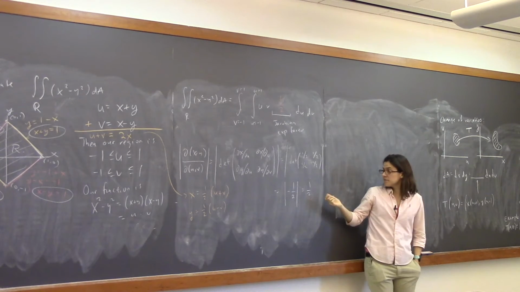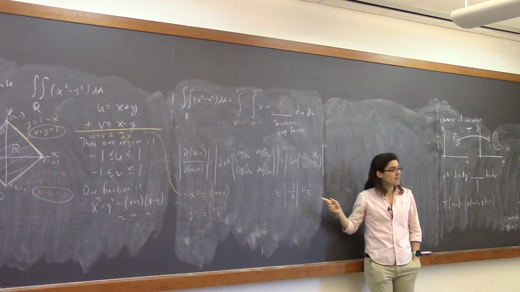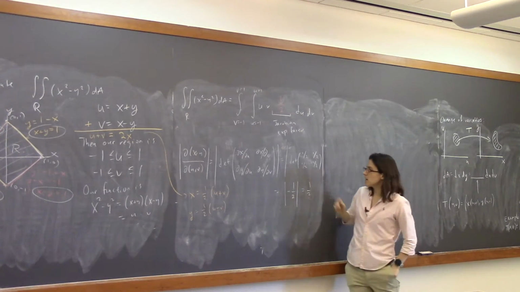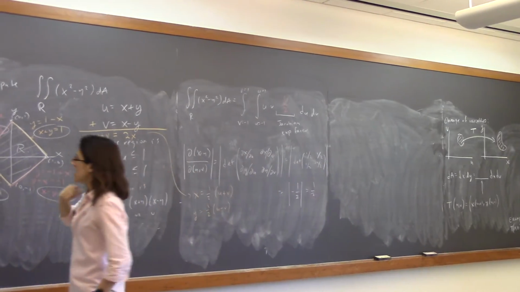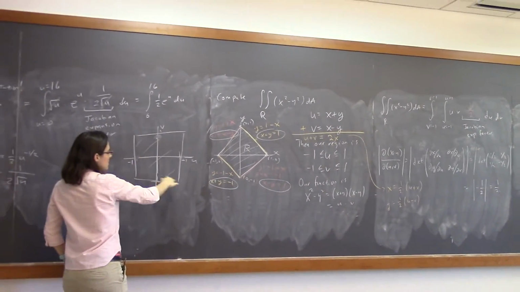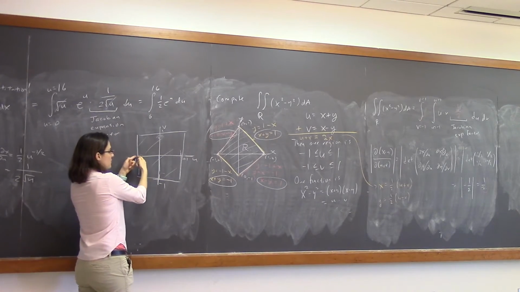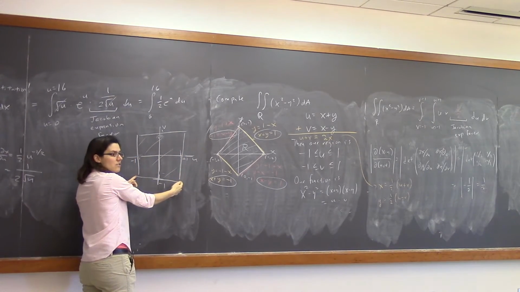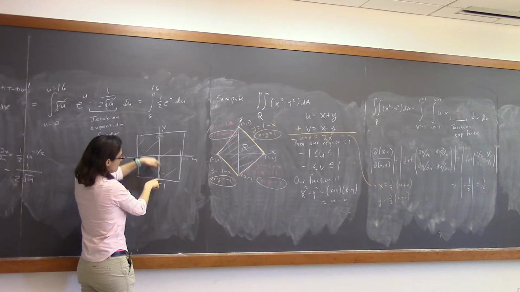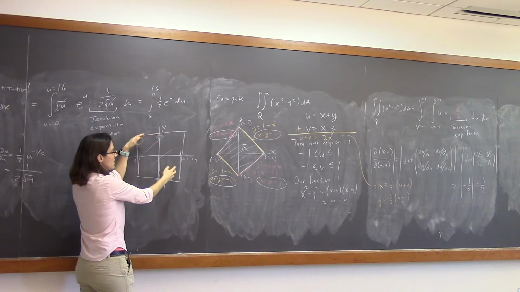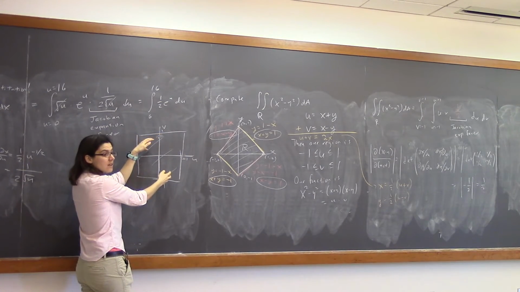This 1/2 is not random. Here's why it's 1/2. The area of this region of integration in the uv plane, see it's from negative 1 to 1, so the width is 2. And v is from negative 1 to 1, so the height is 2. So the area of this box is 4.